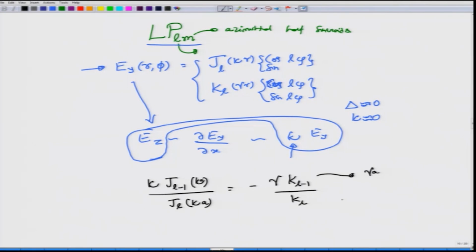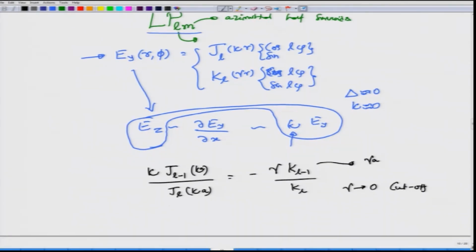Okay, and cutoff conditions are obtained by setting gamma to 0. When gamma tends to infinity, you are far away from cutoff, but when gamma tends to 0, you are near the cutoff, and you can actually show that the solutions of this characteristic equation will lie between the zeros of J_(L-1) and J_L. Okay. So, with an argument x, where x will be equal to kappa a.